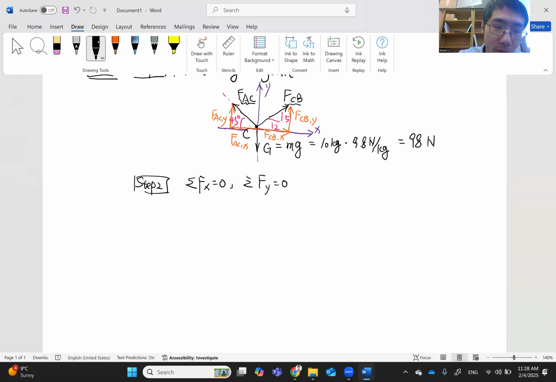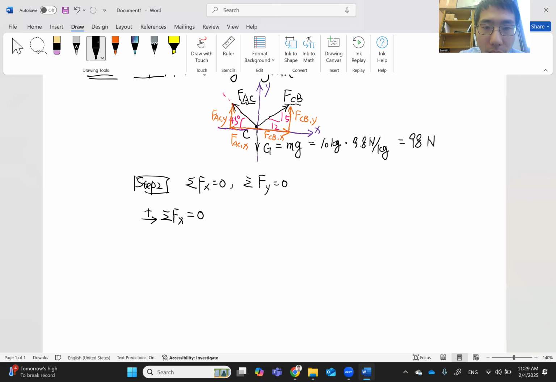Now we are going to establish equations. First, the summation of forces along the x direction equals 0. Typically, we assume the direction towards the right to be positive. Therefore, we denote the positive direction to be the right direction here.